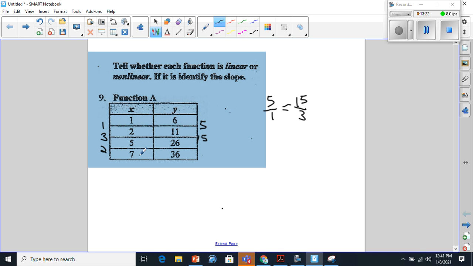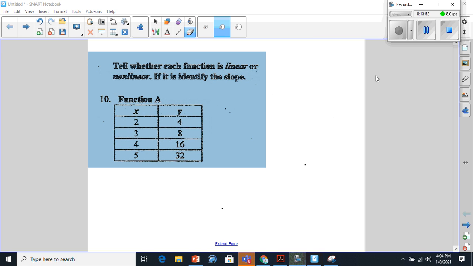All right, let's try this last one. From 26 to 36 is a difference of 10. But there was a difference of 2 over here. So that's 10 over 2. If I look at every one of these, I realize that all of them are a difference of 5. So that tells me this is a linear function. All right, let's go to the next one.